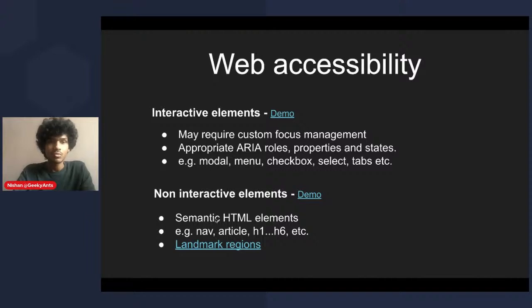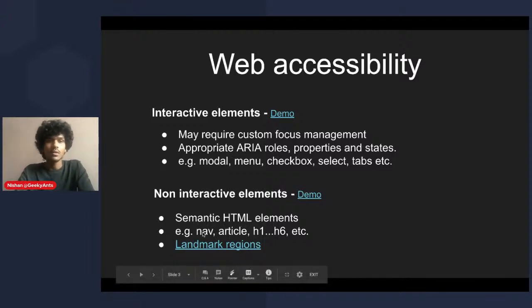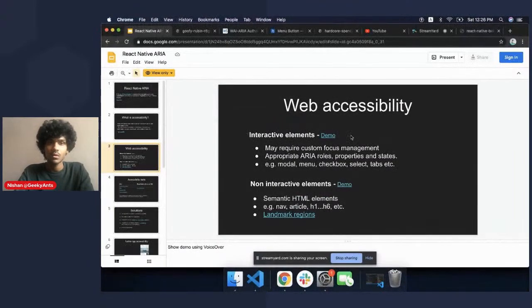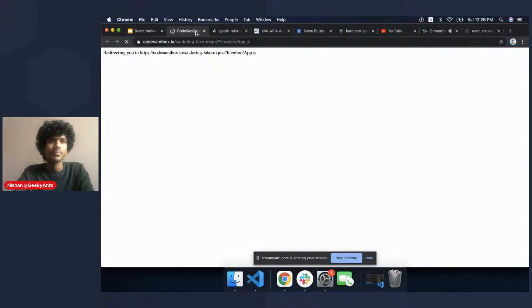This includes the structure and layout of the HTML, the elements used for structuring and laying out the HTML. HTML5 includes some of these tags like nav, article, and H1 to H6 are already there. So let's take a demo.